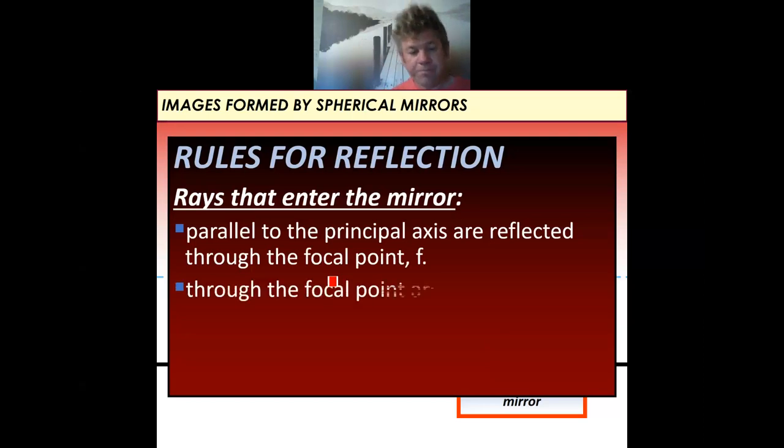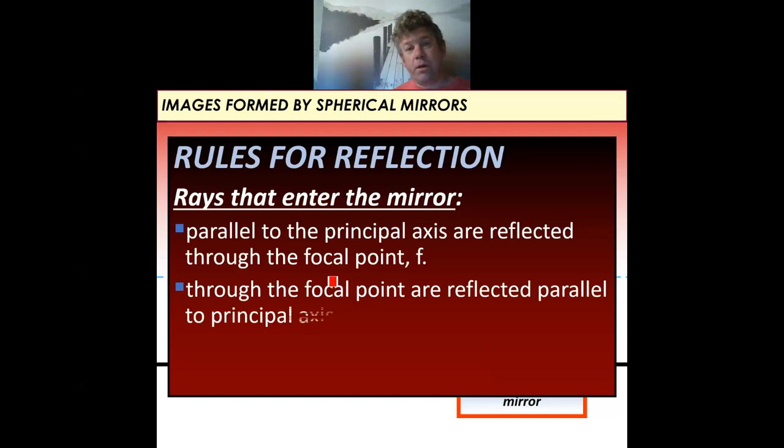Rays through the focal point are then reflected parallel. These are the two really good rules we'll use more often than not, and they both involve that concept of being parallel.